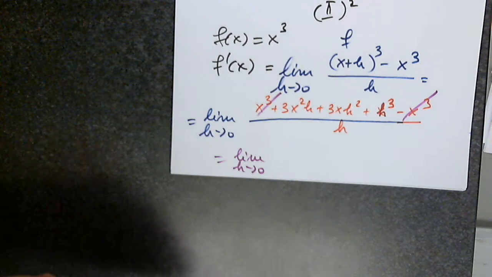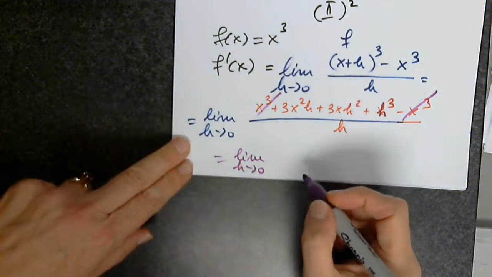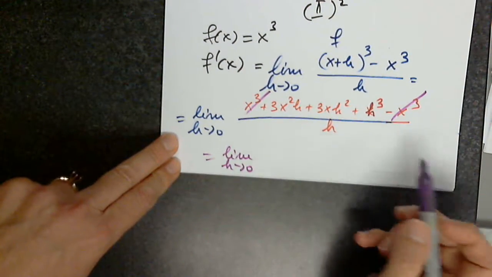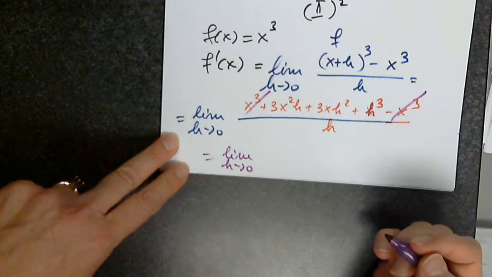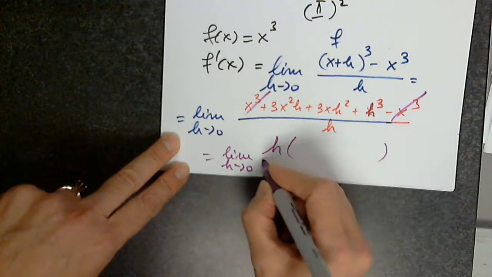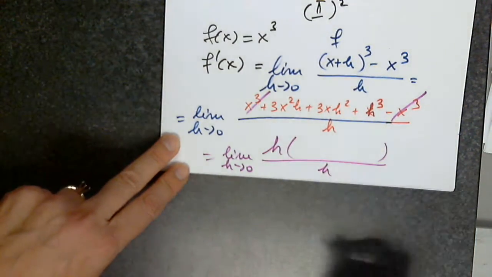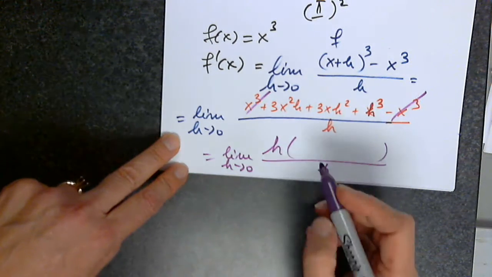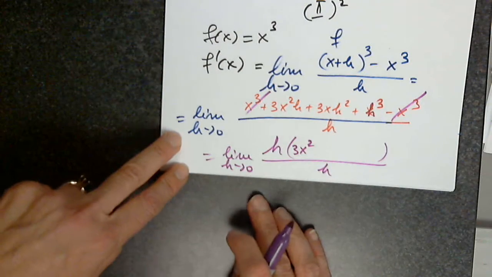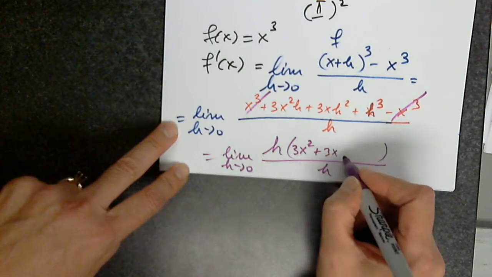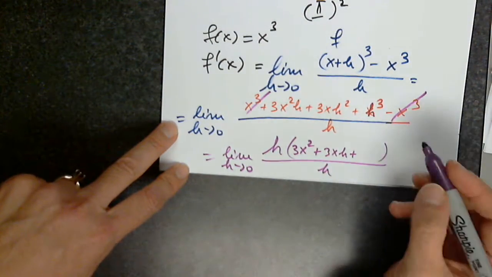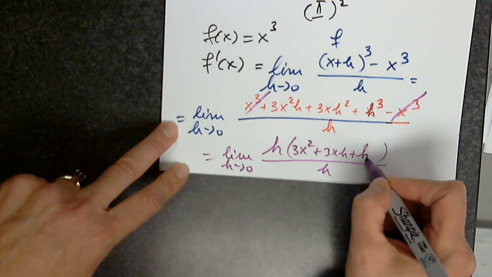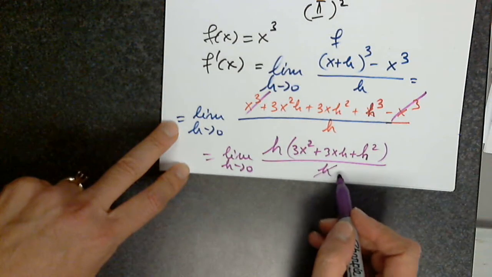Factor, simplify, correct. So I will factor out the common factor, the greatest common factor, which must be at least h. Good. So then what is left and how many terms? Three terms. 3x squared plus 3xh plus h squared. Very good.